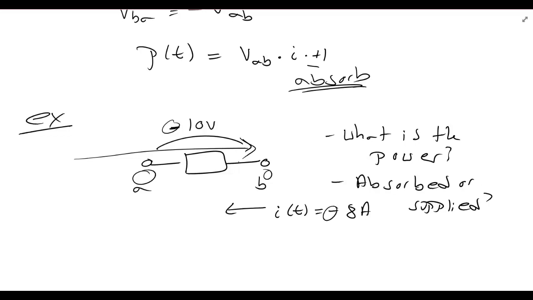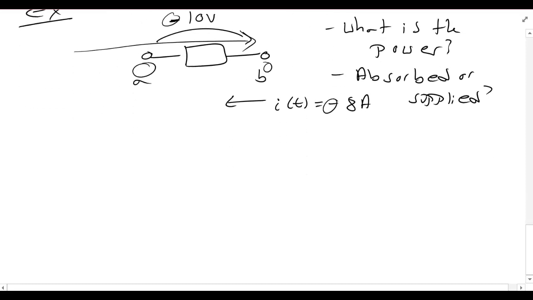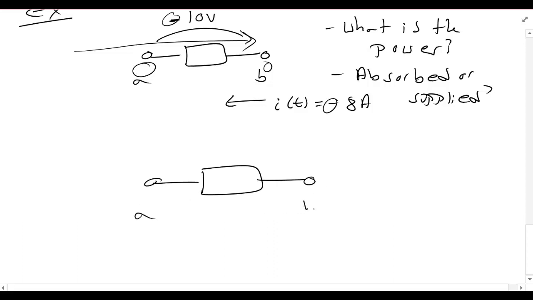I'm going to keep I of t the same direction and the same sign right now, and I'm going to flip the sign and flip the direction. I'll show you what I mean. I'm going to keep my terminals named A and B. What's really important to notice is that my A is still there. I didn't flip the element. I'm just flipping the arrows.